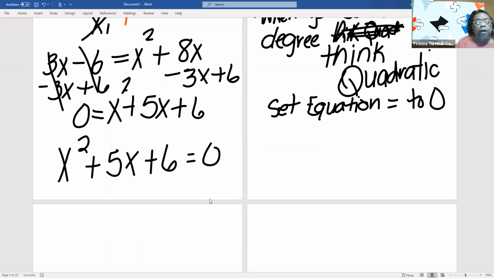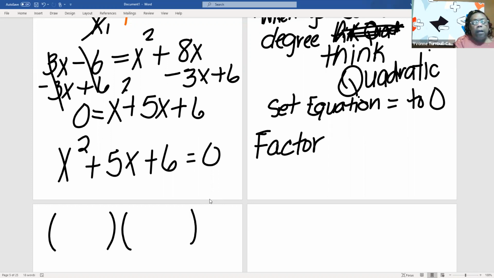When you end up with a quadratic, to solve, you're going to factor. So let's factor. It still equals 0. We're trying to get 5 in the middle.